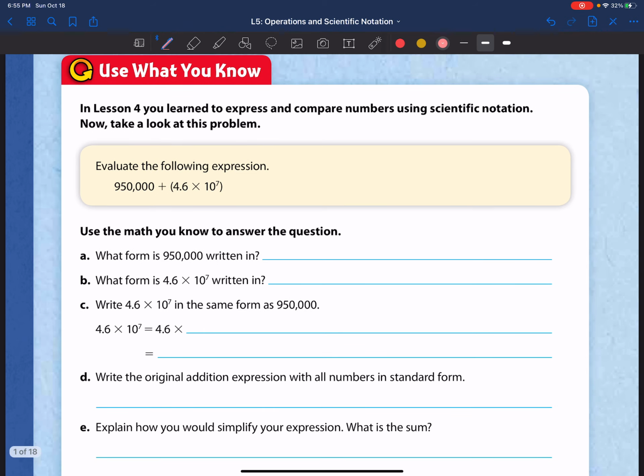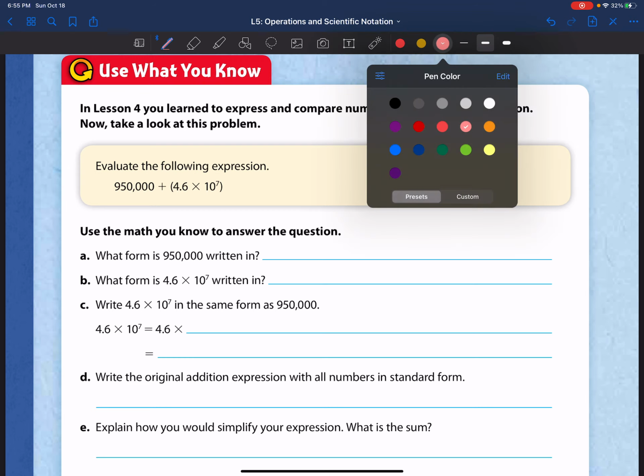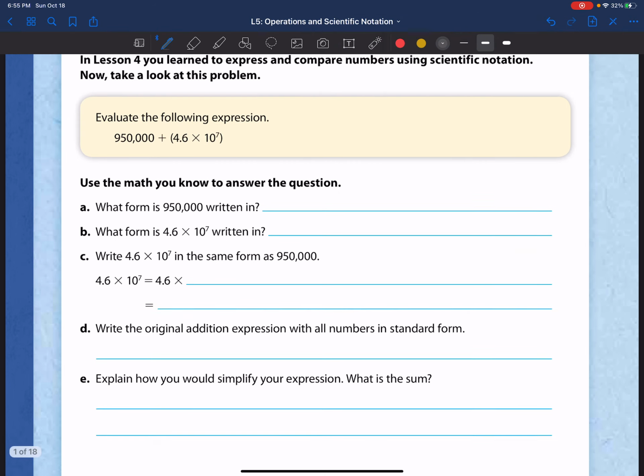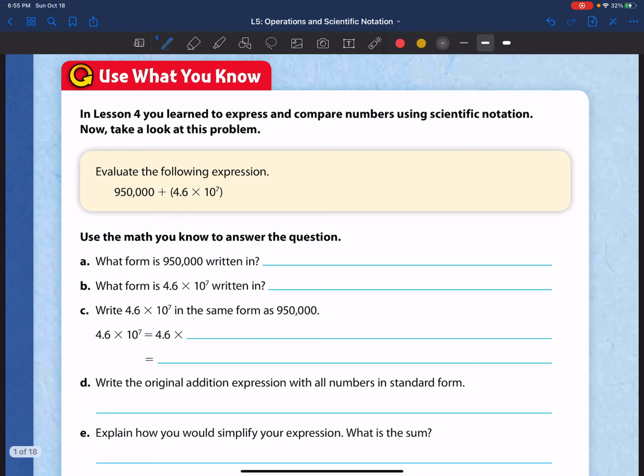So if I was looking at this and I wasn't trying to answer letters A through E, you have two choices of how you're going to answer this.